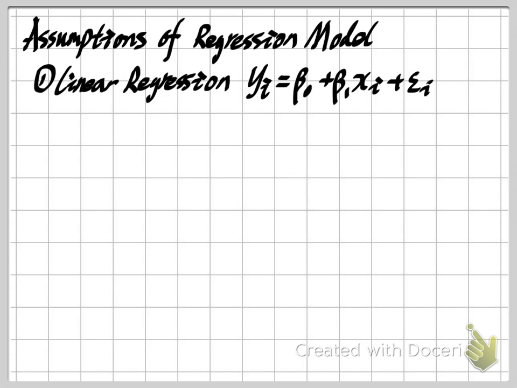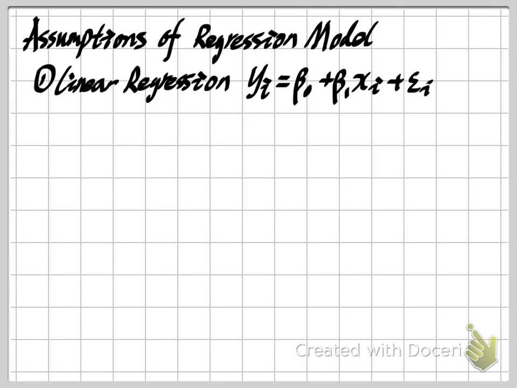Here, for our data, we have pairs of data, so for each xi we will have a yi. Based on this, we can compute epsilon i as our error term. This is the first assumption.